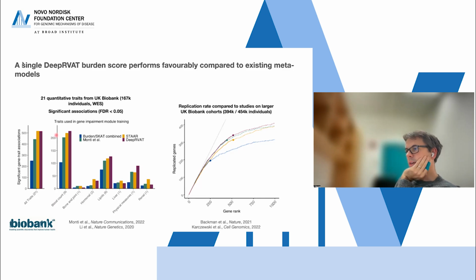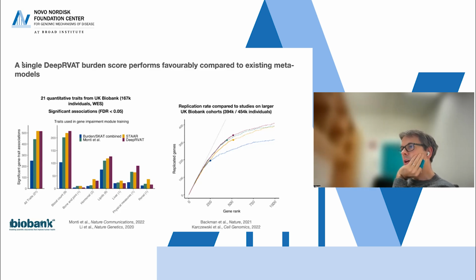What I'm comparing to, and what I think is most relevant, is what we use every day, which is something like a burden and SKAT method, where you combine missense and loss-of-function thresholds. There are two other notable approaches. One is STAAR, and the other is a method by Multimodal, which also use annotations. But these methods are actually meta methods. They combine different thresholds and different annotations.